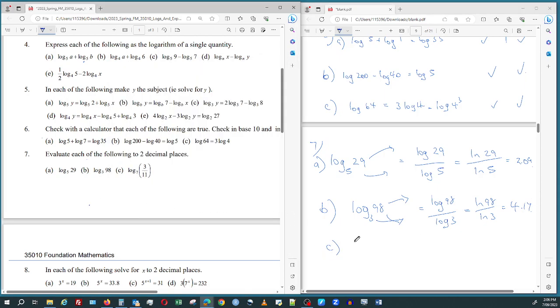And C is log base 7 of 3 on 11. Now you can change this into its parts if you want to, or you can just continue on. Log of 3 on 11 is on the numerator, or ln of 3 on 11 is on the numerator, divided by log 7, the base, which is also equal to the ln of 7.